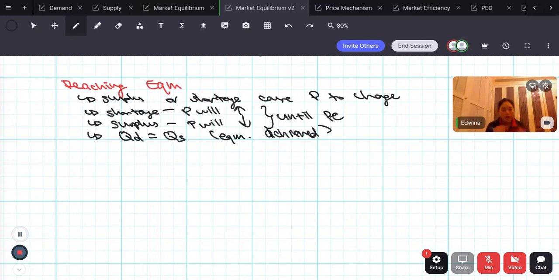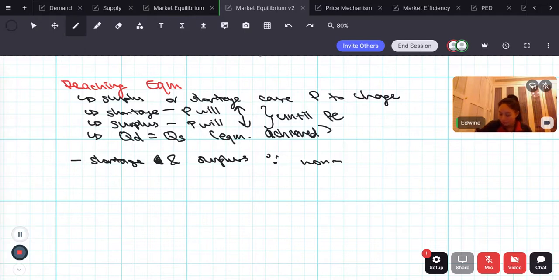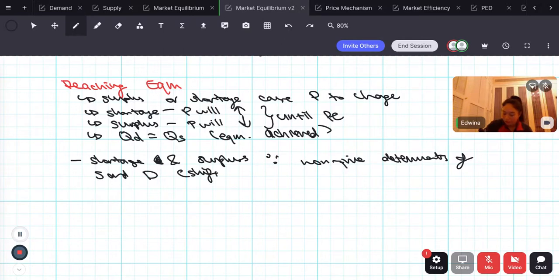So, how do shortages and surpluses come about? Well, shortages and surpluses are because of non-price determinants of supply and demand that shift the respective curves.